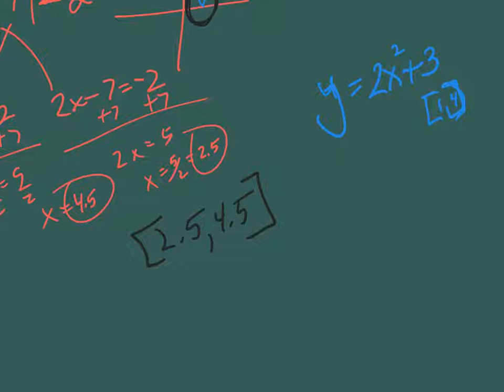Do you remember this? Find the slope between 1 and 4. It's not a point of 1 comma 4. It's a slope of this parabola between 1 and 4.